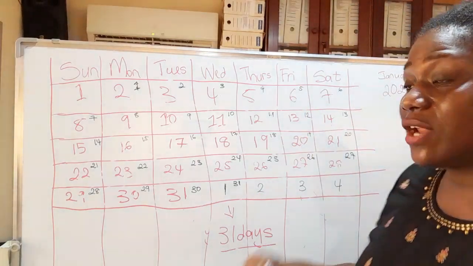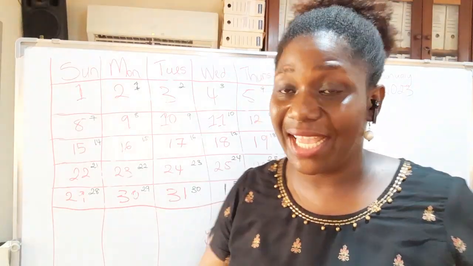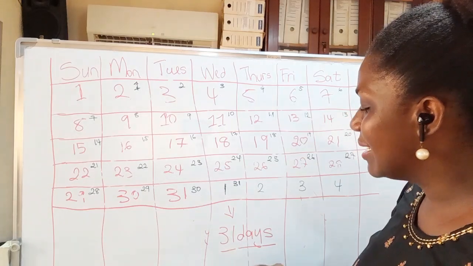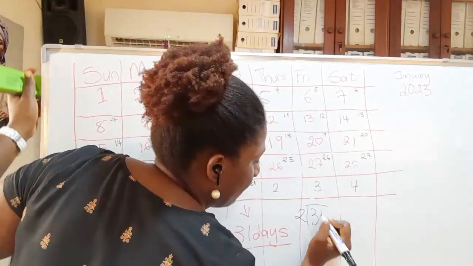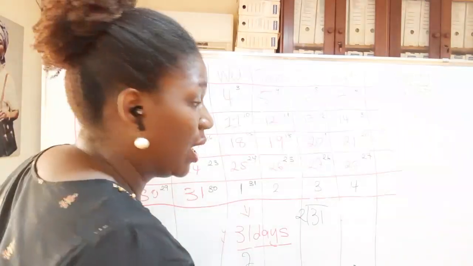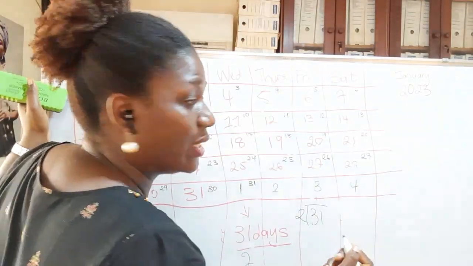So, in order for us to know her ovulation day, we will divide 31 by 2. If you don't have a calculator, I'm doing it for ladies who don't have calculators.